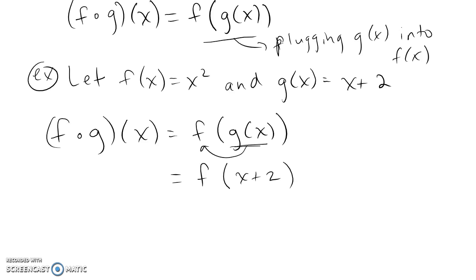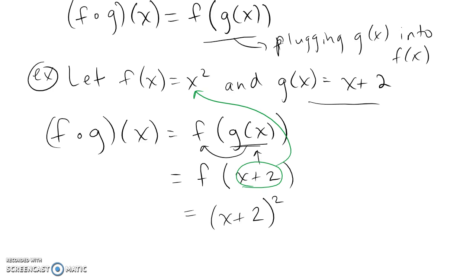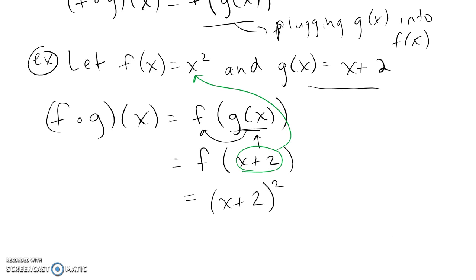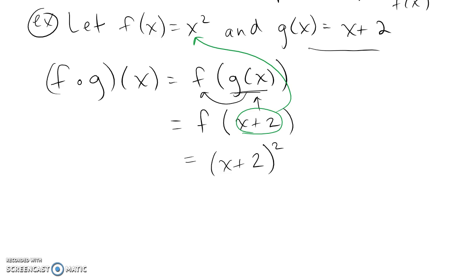Notice I'm plugging in x plus 2 for g of x because that's what g of x is, right? Now I'm going to take this x plus 2 here and plug it into f everywhere I see an x. So this will end up being x plus 2 squared. Since f of x is x squared, when I plug g of x, x plus 2, into it, I get x plus 2 squared. So that's what we're talking about if we're composing functions, or if we're looking for a composite function. We're plugging one function into another function.